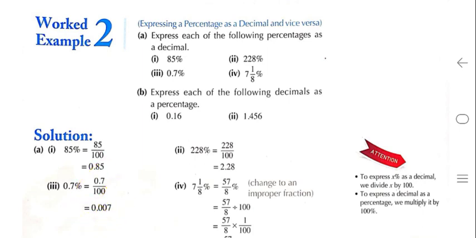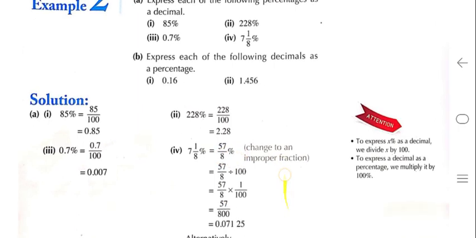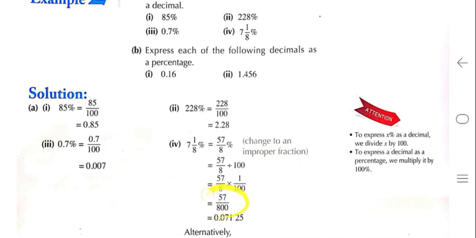And how to do the division, you know already, you've learned that in the previous chapter. This one is also a mixed fraction, turn it into an improper fraction first. Remember, the easiest way for fraction percent is you just add 2 zeros to the denominator, so it becomes 57 over 800. So you can jump from here to here directly, and then do the division.